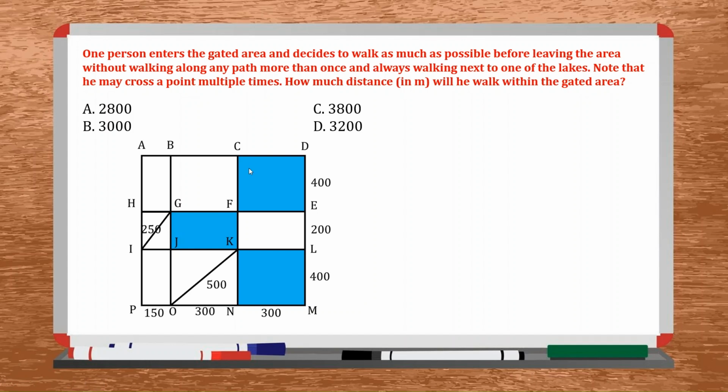Also, multiple points are being crossed multiple times, but that's an okay condition. So if I add all these points, I'll get option C, 3800.